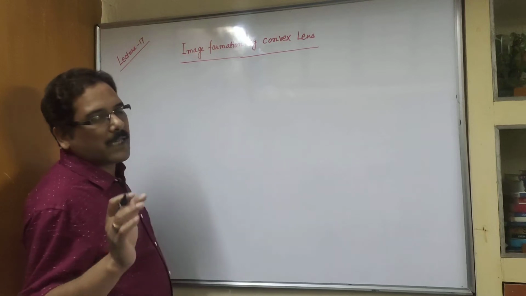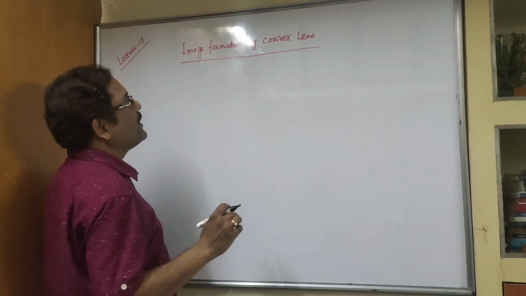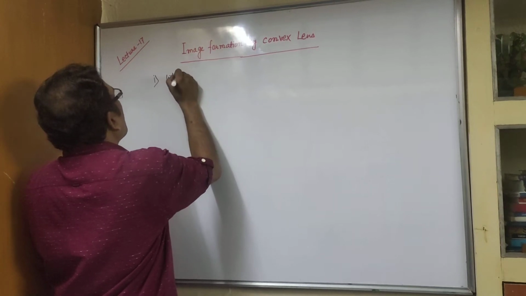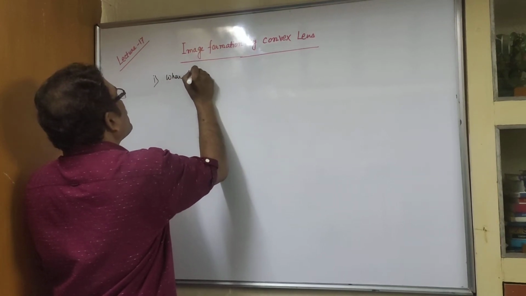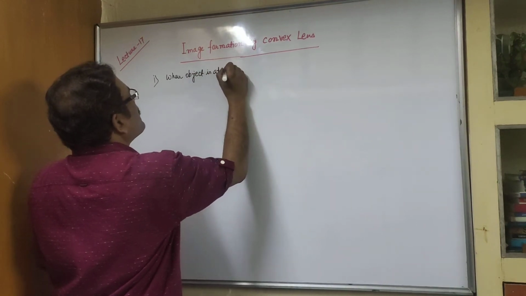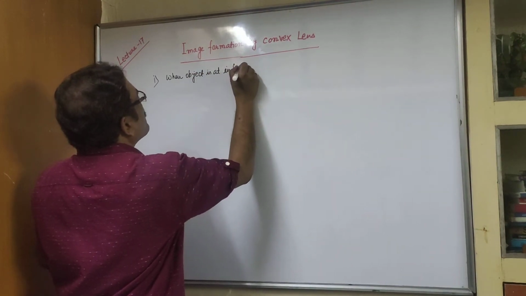It means for 6 positions of the object we will draw the ray diagram. First case, when the object is at infinity.